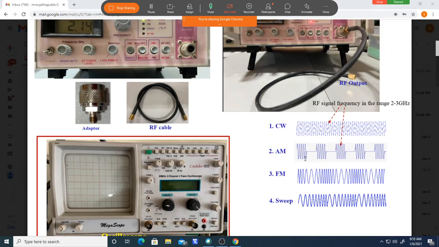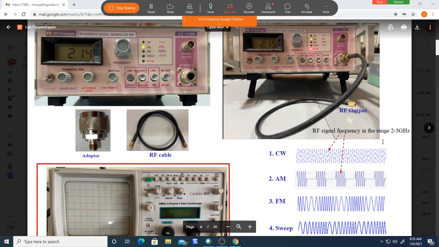That means the duration of each cycle is very small, in the order of nanoseconds. Nanosecond means very, very little time. So to see this signal, we need a measuring equipment in the range of 2 to 3 gigahertz.